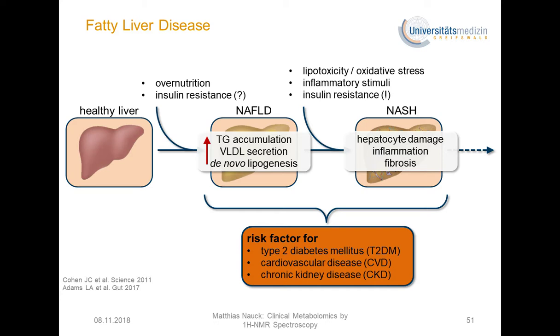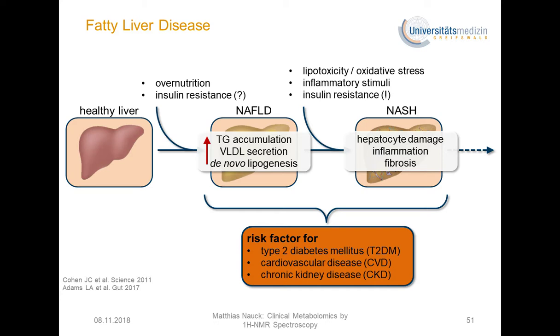And if these conditions continue, with other inflammation stimuli and insulin resistance, then we develop NASH, the non-alcoholic steatohepatitis. And this is a quite poor position, which is associated with other diseases.